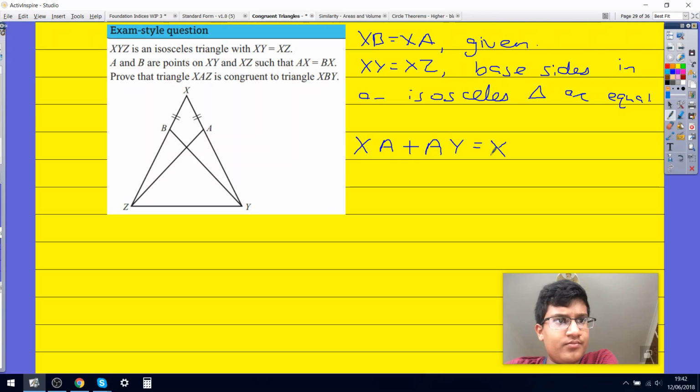XB plus BZ equals XZ. And so we can sub what we know into the other one. So then we can say that XA plus AY equals XB plus BZ.